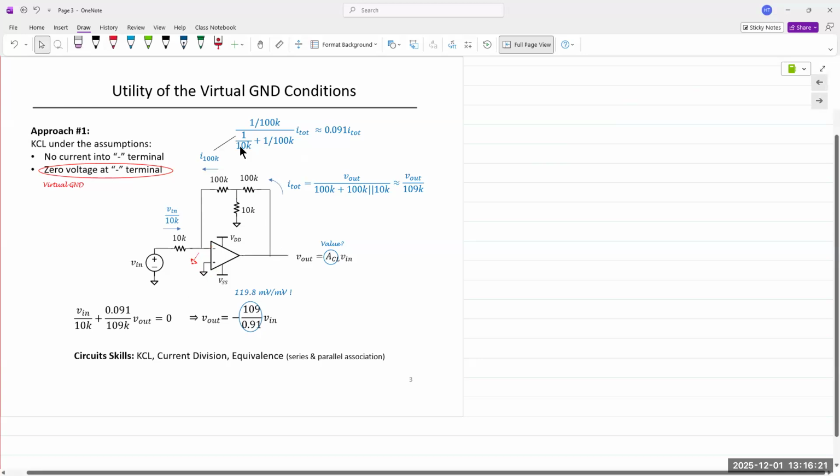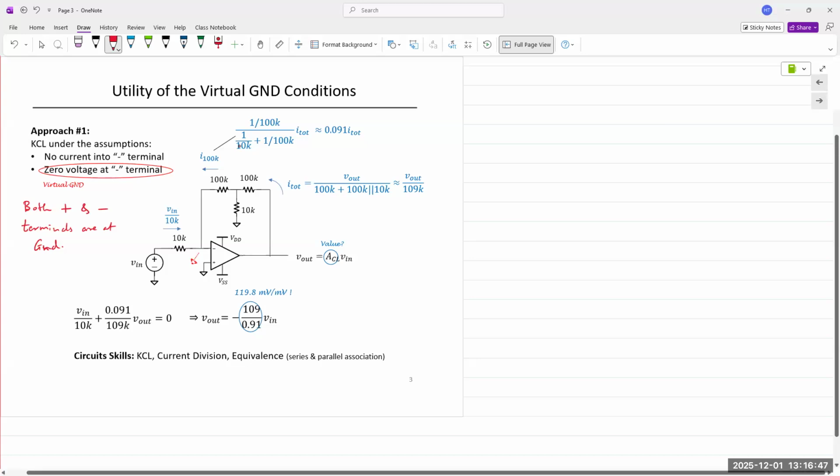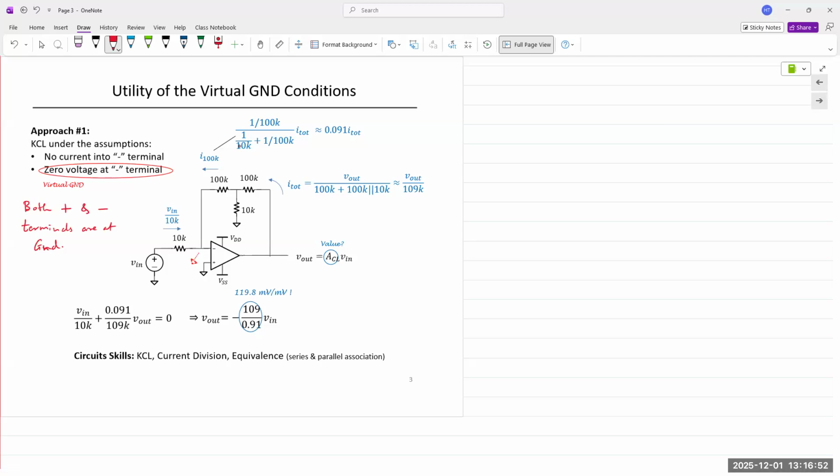So from the virtual ground concept, we can state that both the positive and the negative terminals are at ground. Both terminals are at ground. Non-inverting terminal is physically connected to ground or the reference point, and then the inverting terminal is virtually connected to that same potential.